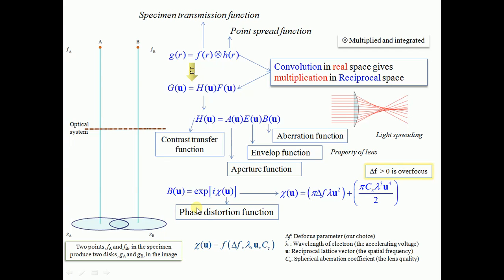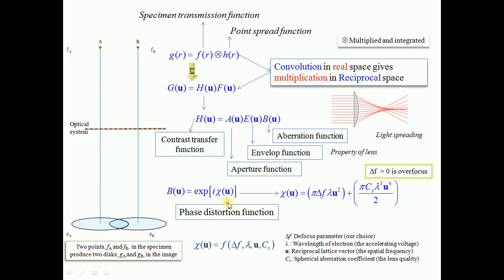And this B is given by e to the power of i chi of u. This is called the phase distortion function. Later on, you will come to know it is a function of delta f, which is the defocus parameter, which is our choice. This is lambda, the wavelength of electron, which is equal to h by p. From there it comes. And u is the reciprocal lattice vector because it is 1 upon d, the spatial frequency. And Cs is the spherical aberration coefficient.